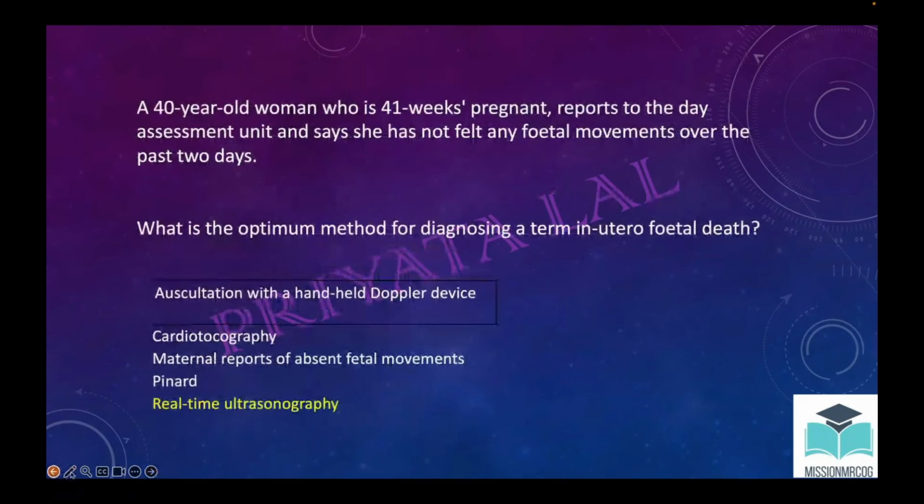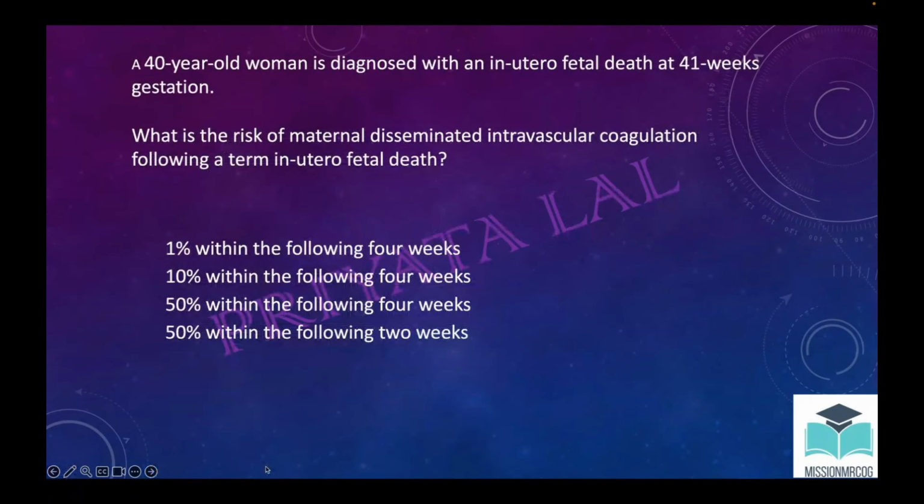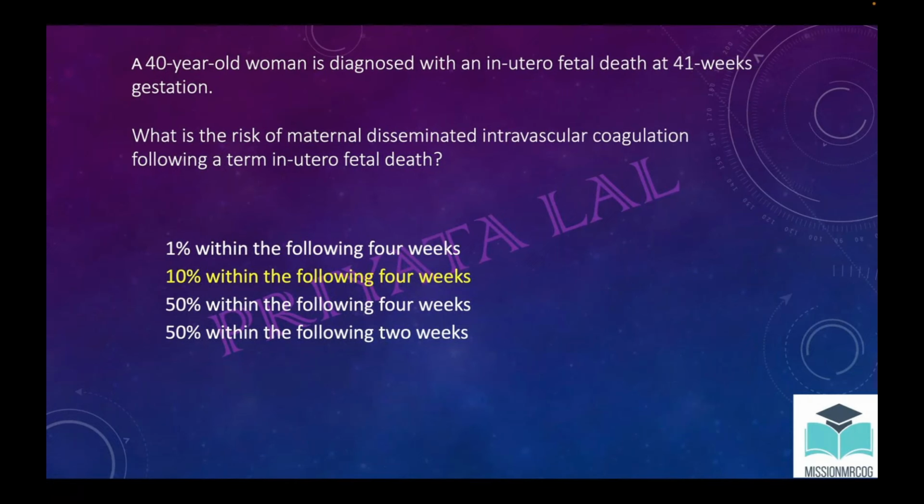That is the answer. Now the patient has a risk of DIC. What is the percentage? This I just told. 10% in the following 4 weeks. Yes, 10% in 4 weeks.